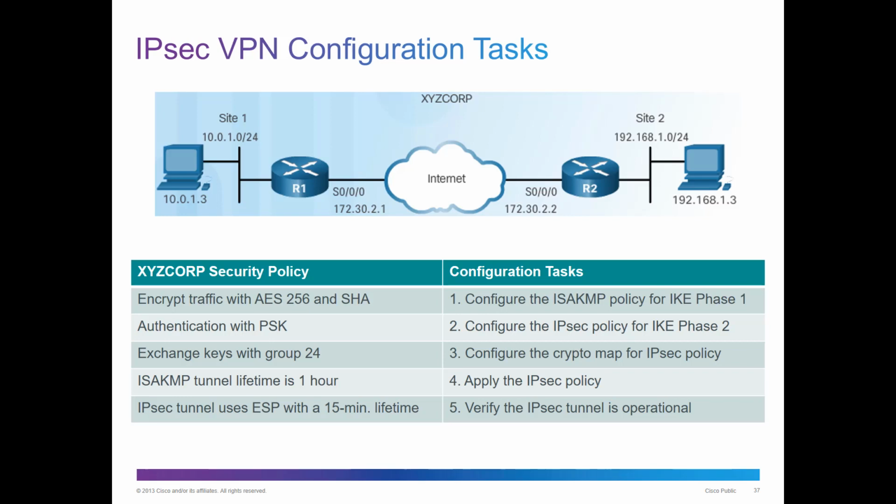When we're looking at the ISAKMP tunnel life, we're looking at IPsec policies. And lastly, when we're looking at the protocol for the tunnel to use, we're verifying the IPsec tunnel operations just to make sure that it is being maintained.